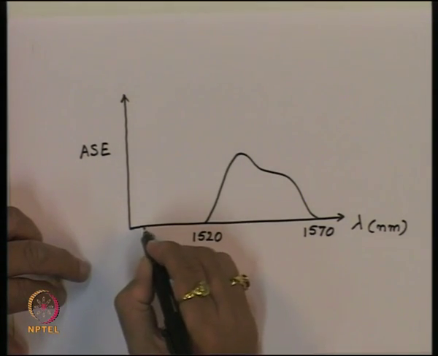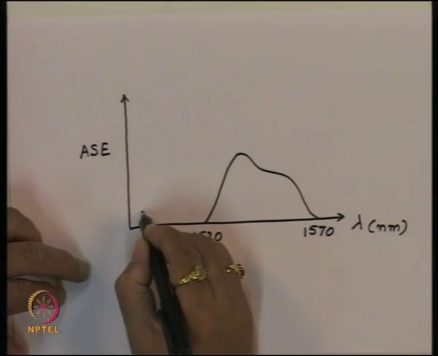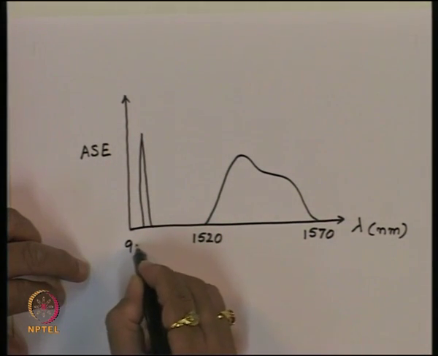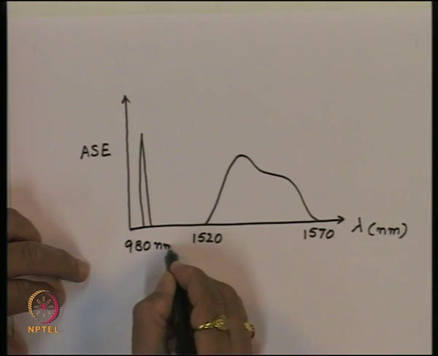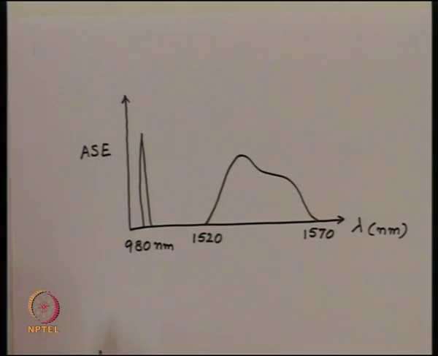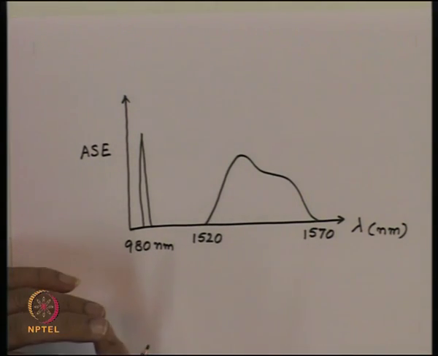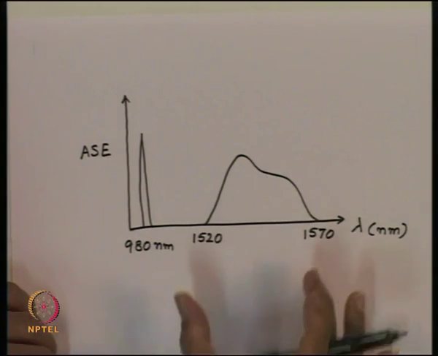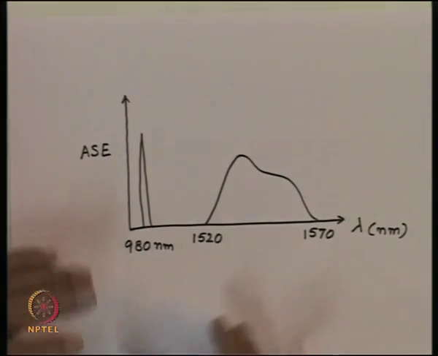And the pumping will be done somewhere here, at 980 nanometer. So in the absence of the signal, we get a very broadband signal, typically of a width of about 30 nanometer.